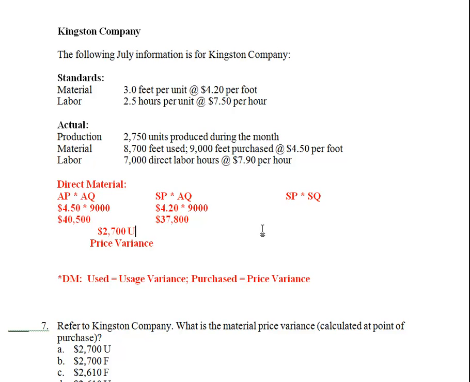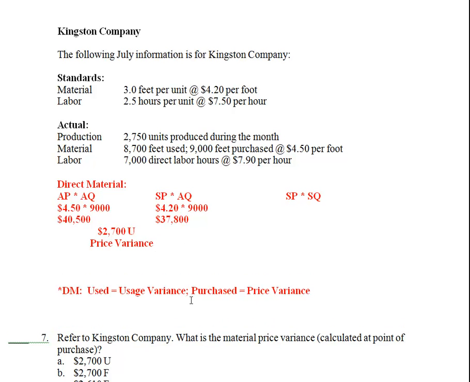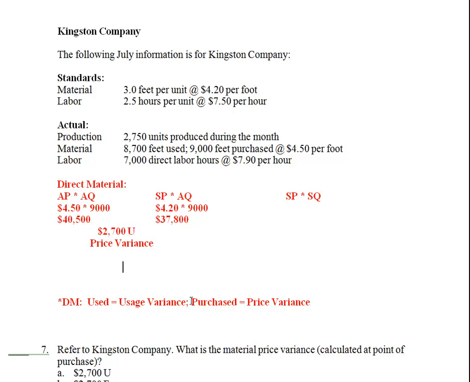Now we want to do the usage variance. To do the usage variance, we're looking at column 2 and column 3 again. However, now we're having to change the material for the actual quantity. Now we want to use the material that was used.